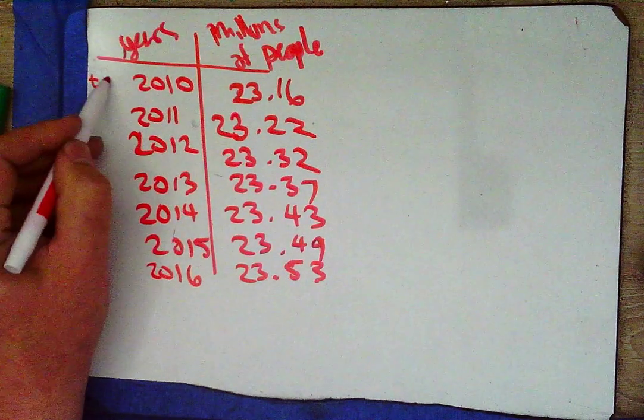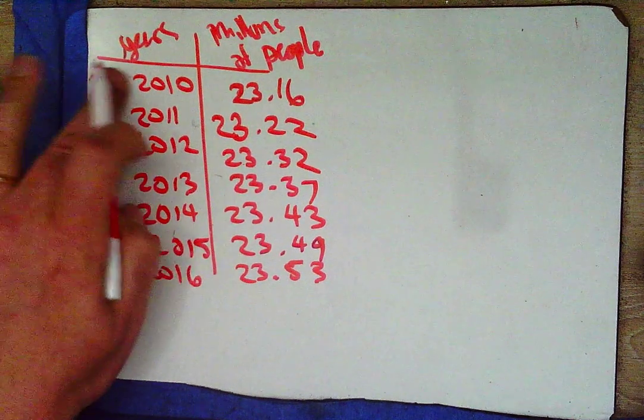Okay, so these are millions of people, and these are years. You may want to do t equals 0. I mean, it's not going to matter for what we're going to do. Never mind.